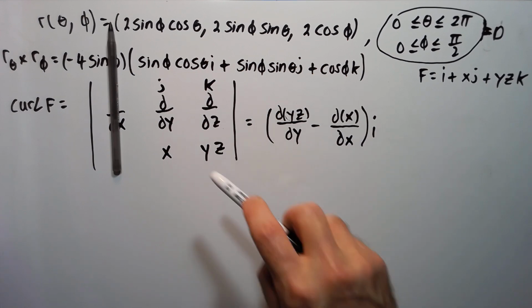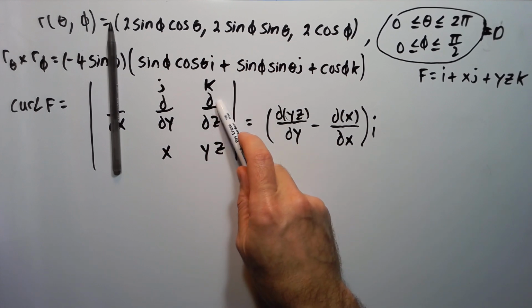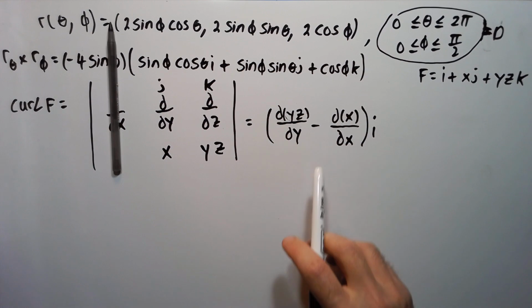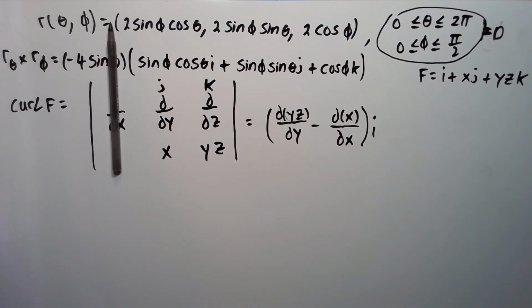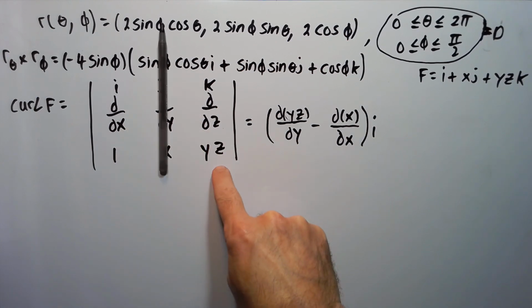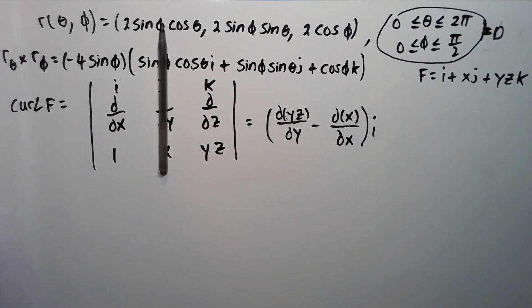So we get this. Again, we have our partial y operator acting on yz here. Then subtract the partial z operator acting on x, which you have here. Okay, we'll come back and compute this in a second. Let's do the j component next. It'll be this operating on this minus this operating on this, with a minus sign in front. So let's do that.